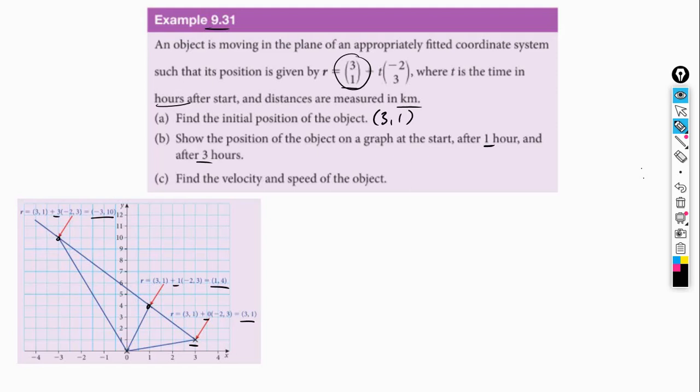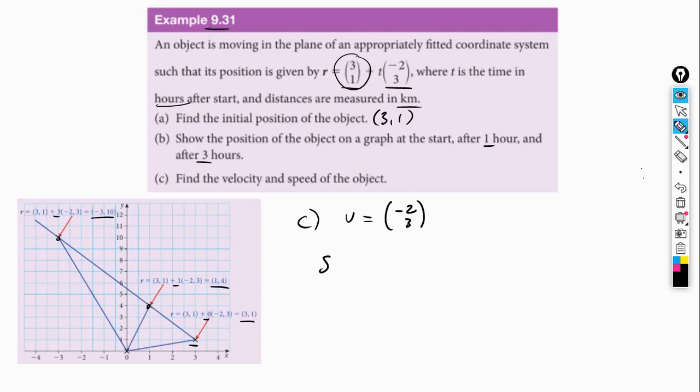Now for part C, they want us to find the velocity and speed of the object. So we know that the velocity is the vector in here, right? So velocity is simply going to be equal to the vector (-2, 3), which can be interpreted as every hour, 2 units west and 3 units north.